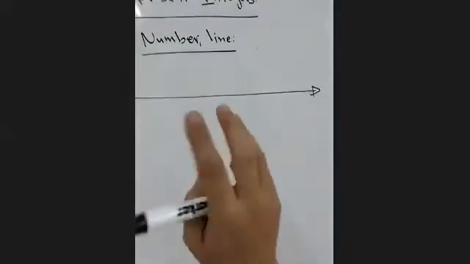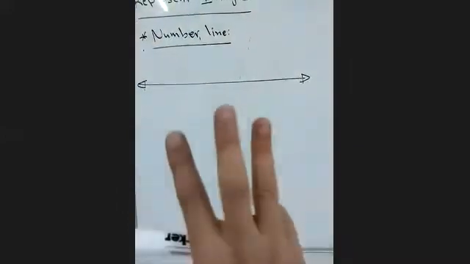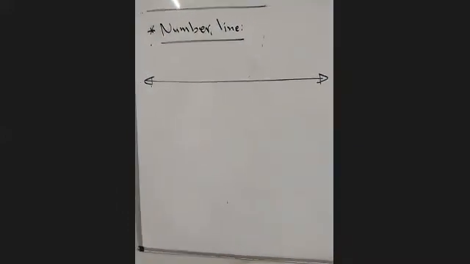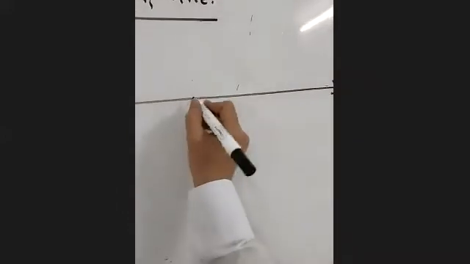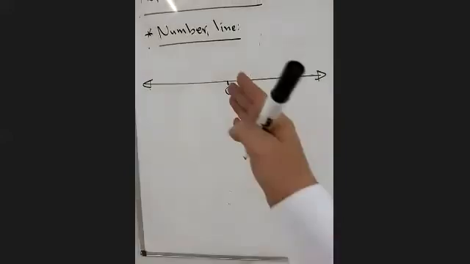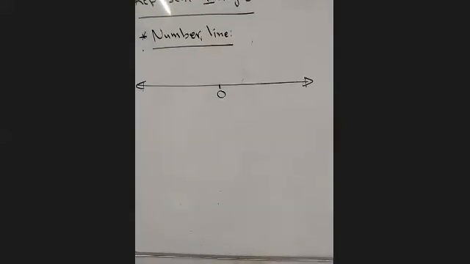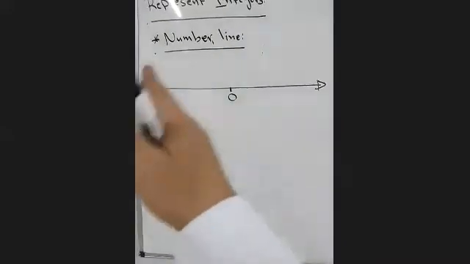Now, the number line has three parts, guys. The number line has three main parts. The first part is 0. Now we have right to the 0 and left to the 0.